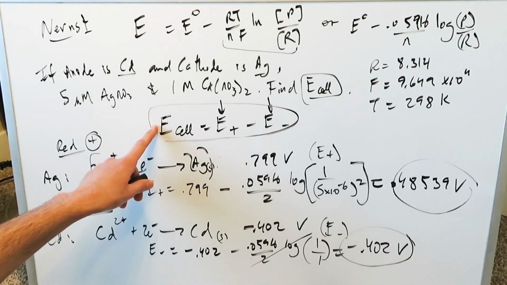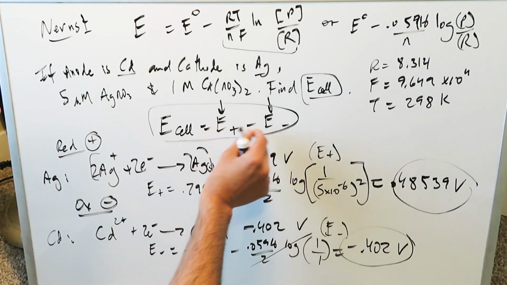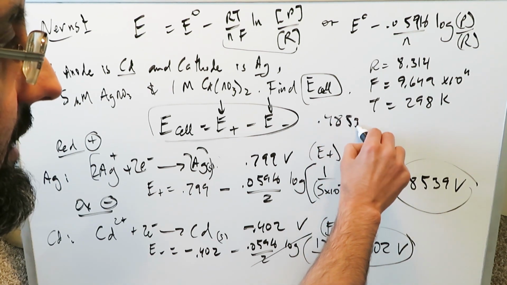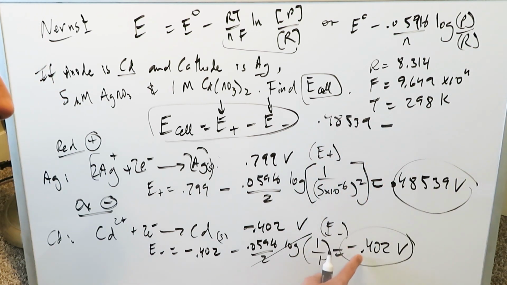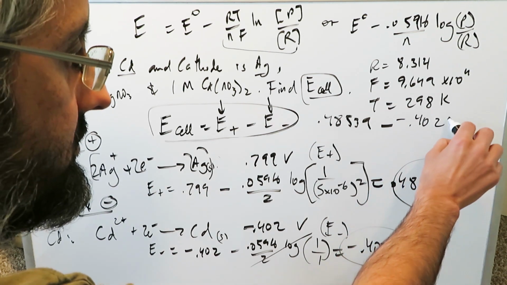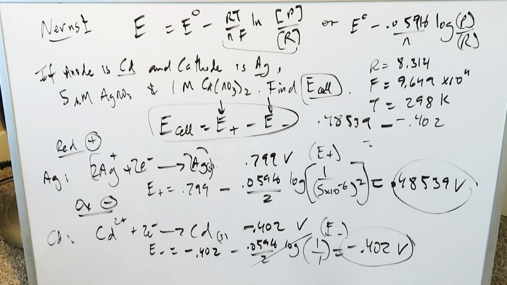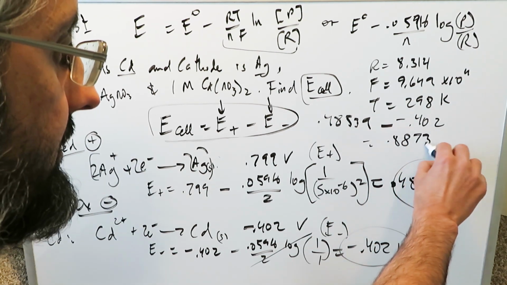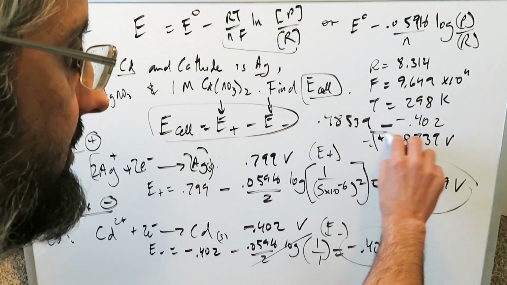Your potential for the entire cell is equal to the cathode minus the anode, which is 0.48539 minus the potential for the anode, which is minus 0.402. You're essentially adding them up. You have here 0.88739 volts. It's a positive. What does a positive mean?